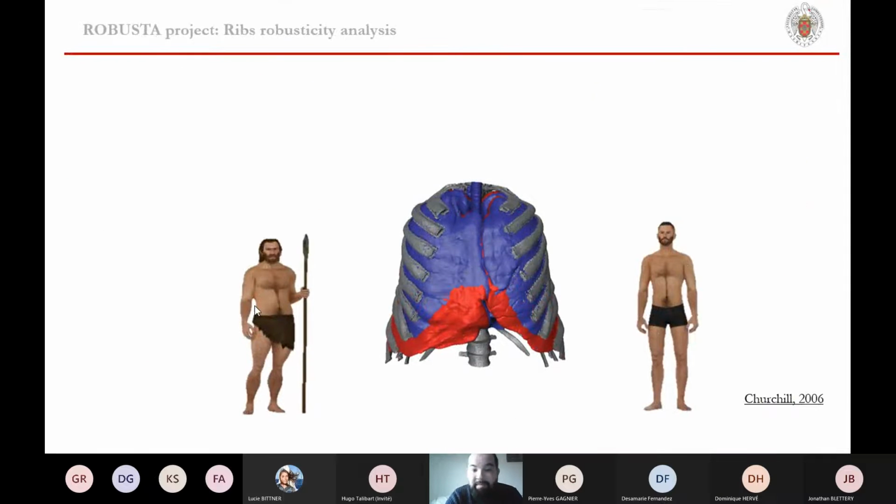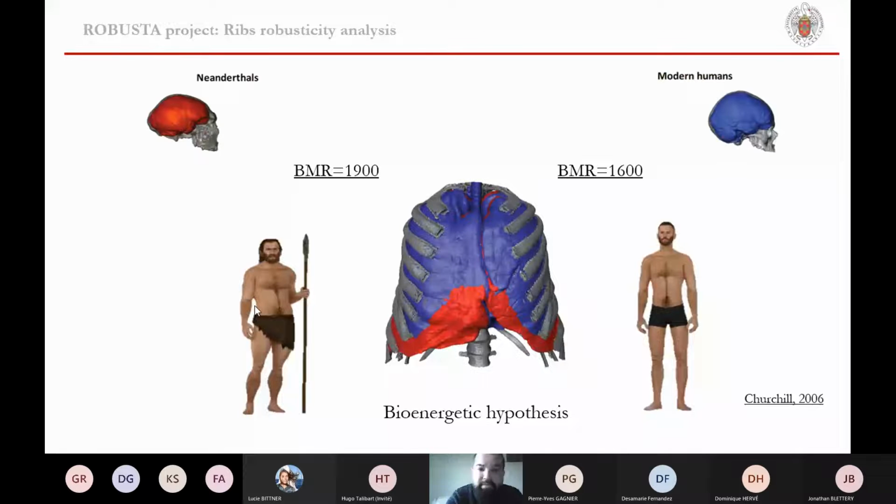But there's also a bioenergetic hypothesis, which is the second one, proposed among others by Churchill in 2006, but this has been proposed by many other researchers before. So this researcher proposed that the body mass and basal metabolic rate of Neanderthals was much larger than in modern humans, caused partially by largely consuming energy tissues, such as the brain, but also the muscles.